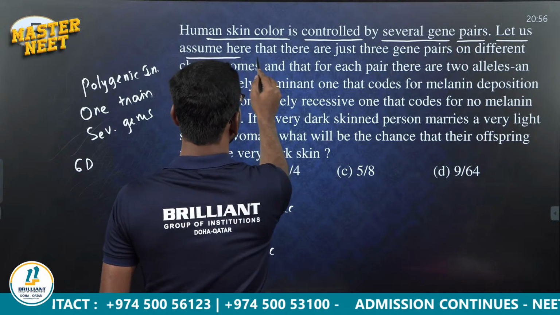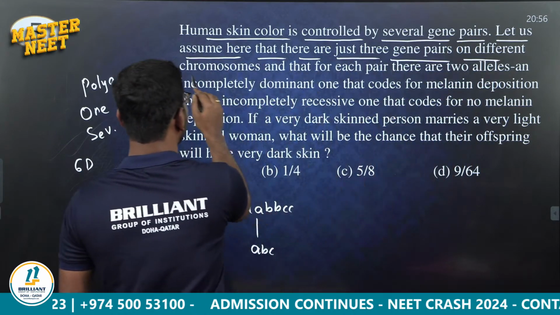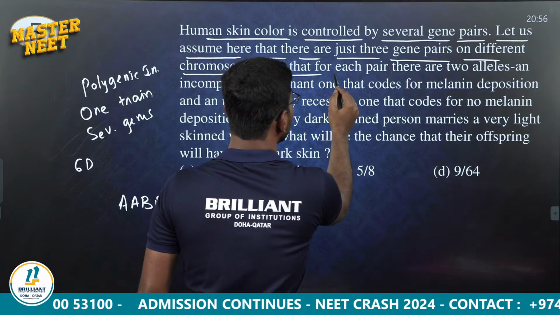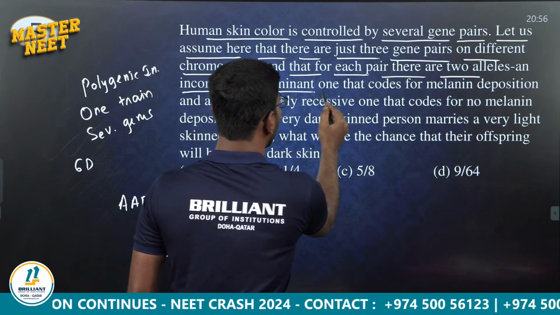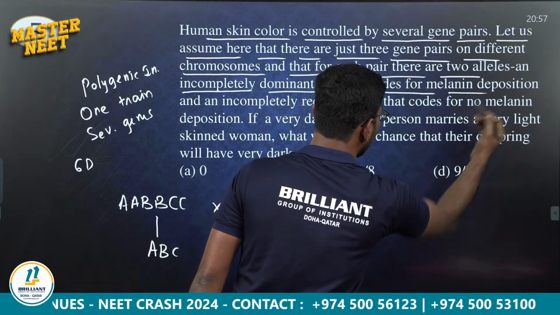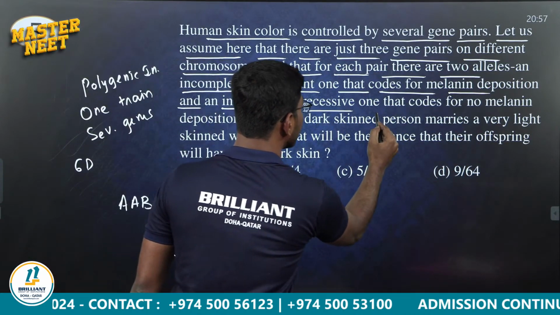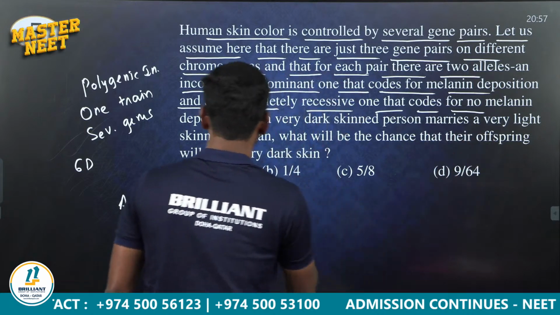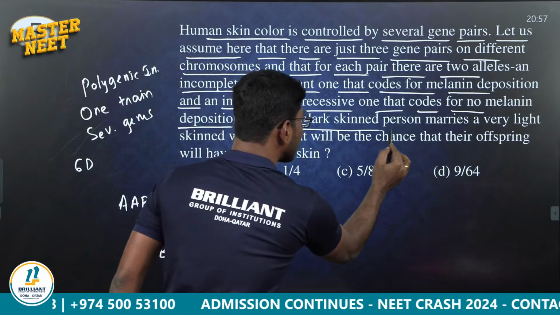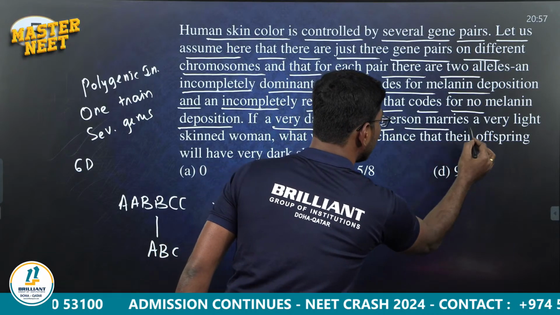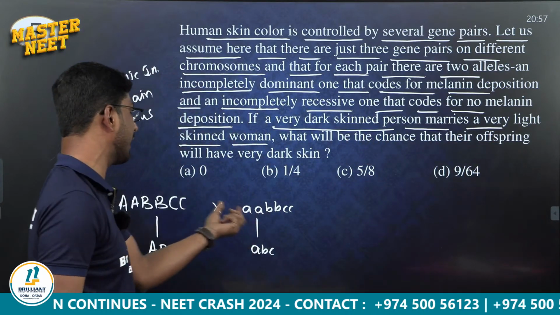Let us assume here that there are just 3 gene pairs on different chromosomes, and for each pair there are 2 alleles: an incompletely dominant one that codes for the melanin deposition, and an incompletely recessive one that codes for no melanin deposition.